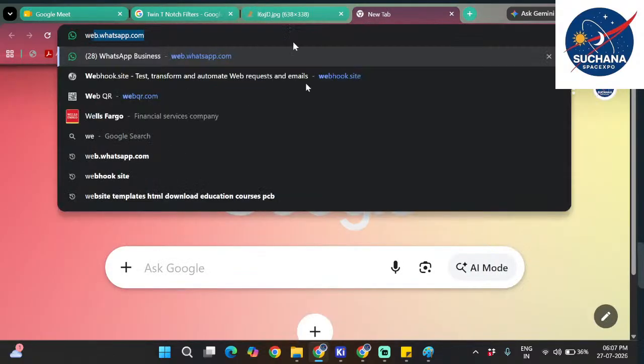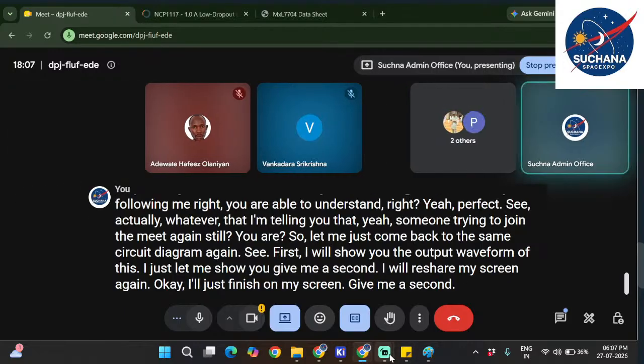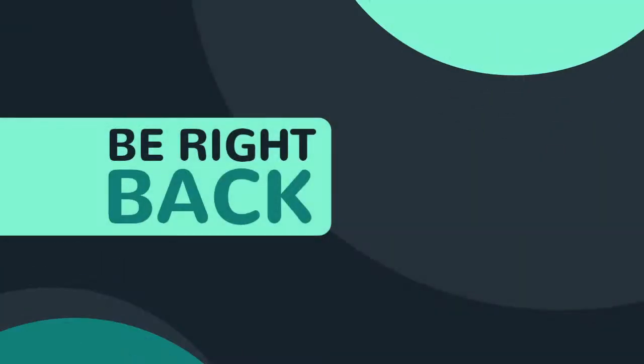Give me a second, I will reshare my screen again. Output waveform of the notch filter.